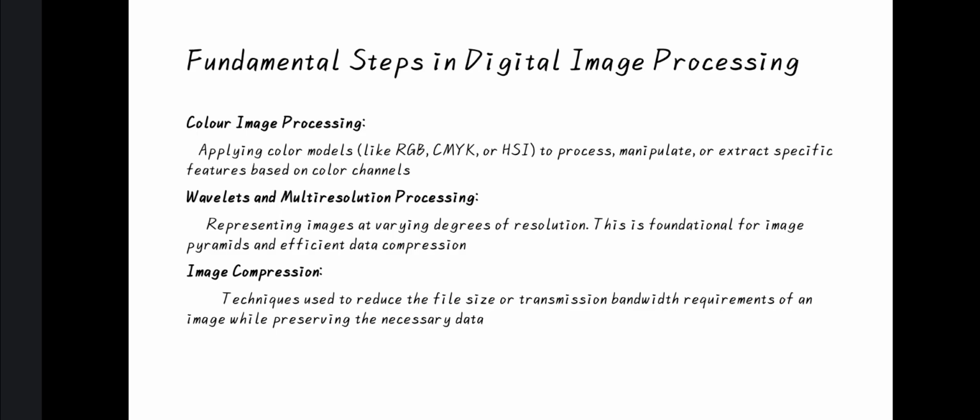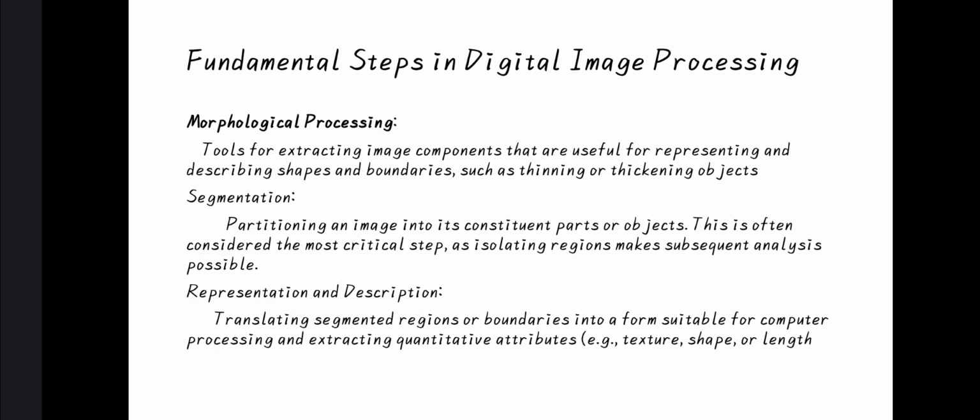Then image compression. It deals with the techniques for reducing the storage space required to save an image. It also reduces the bandwidth required for transmission of an image. Morphological processing deals with the tools for extracting image components that are useful in the representation and description of shape.